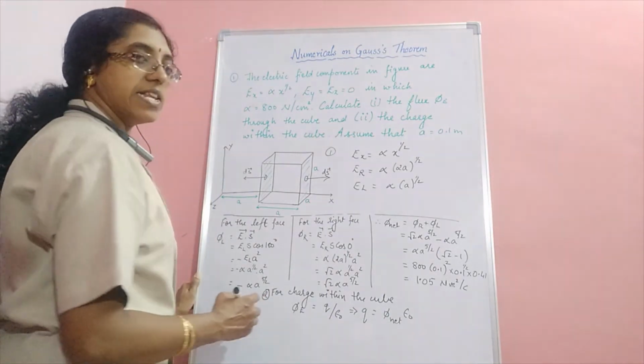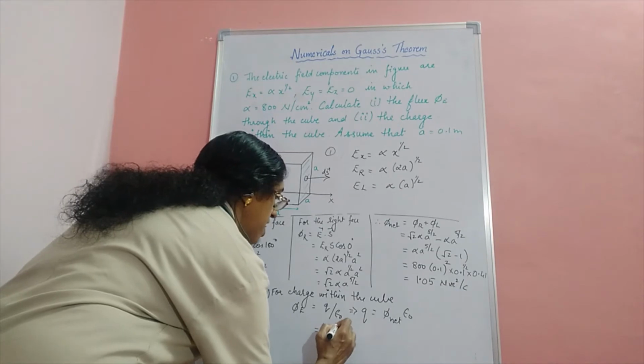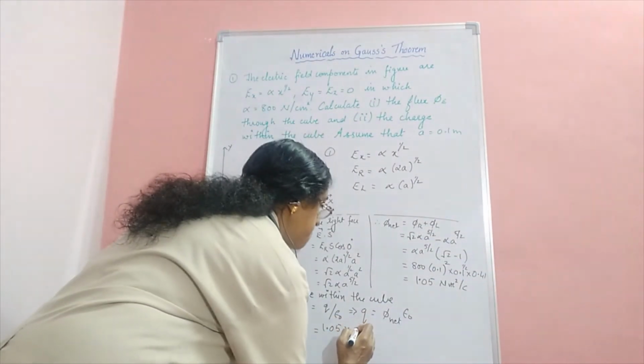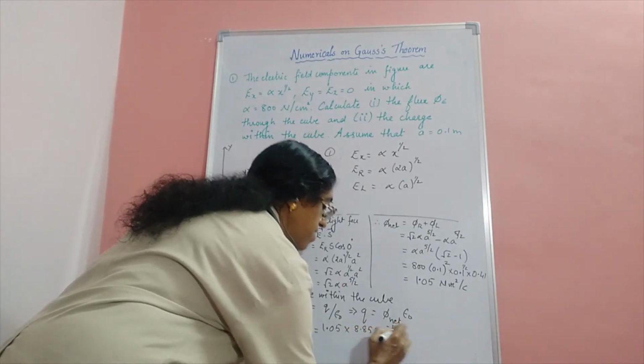Now, flux phi net is equal to 1.05 into, what is the value of epsilon naught? It is 8.85 into 10 to the power of minus 12.